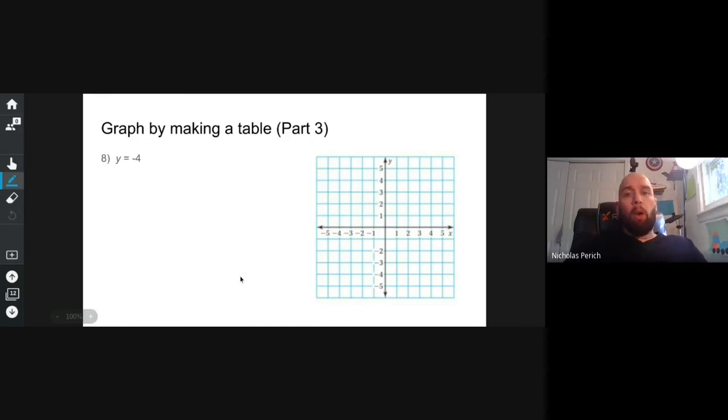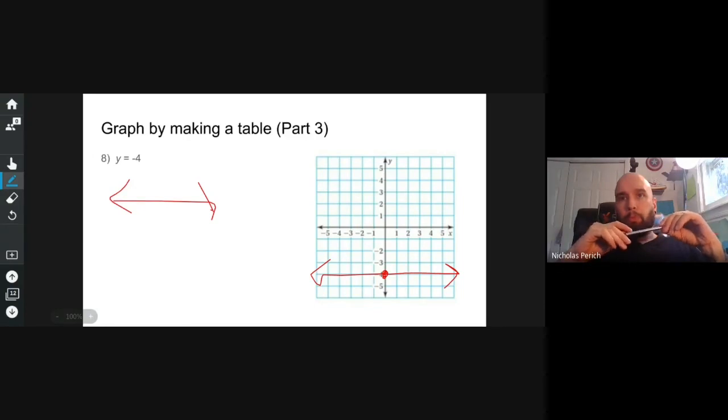So that gives us one more problem. y equals negative 4. Where's the x? There is no x. y equals negative 4 is a horizontal line that goes through negative 4. So I'm going to put a dot at negative 4, and I'm just going to go perfectly right and perfectly left. And that's what y equals negative 4 looks like.